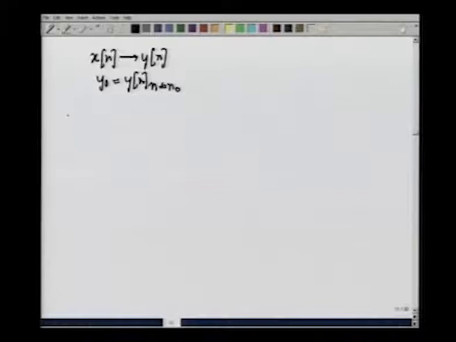Then if we shift the input by a certain quantity nu, let us say that instead of x n we apply x n minus nu, where of course nu must be an integer.